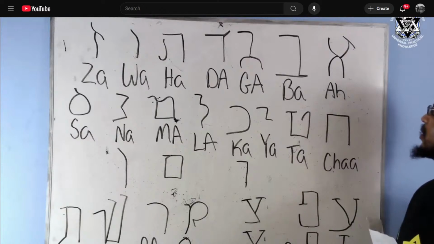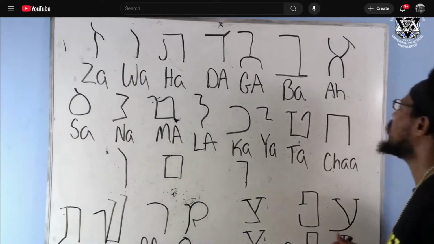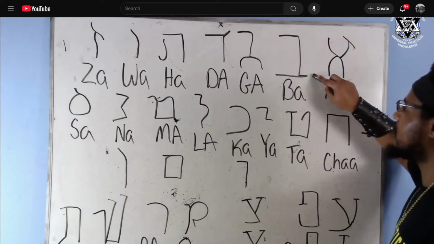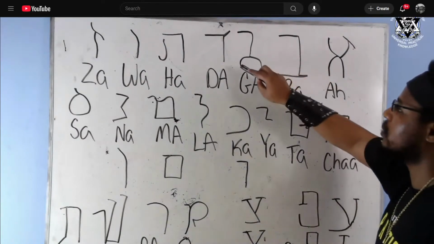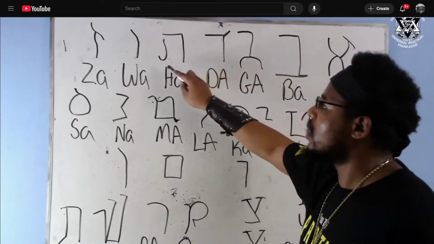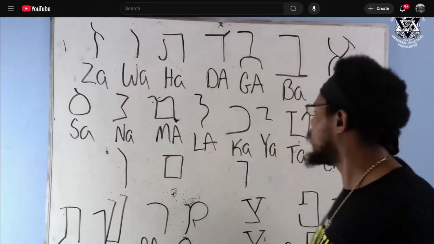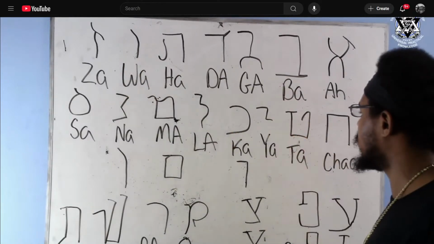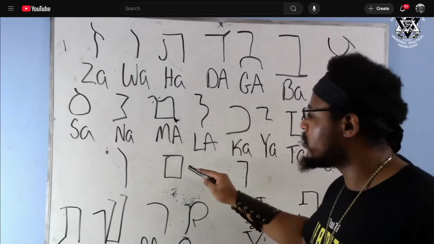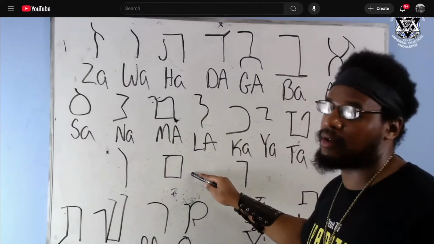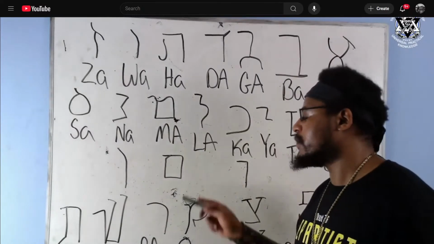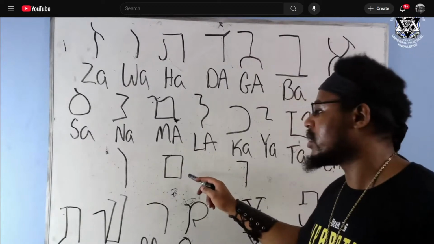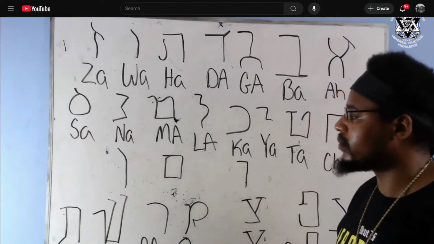So this is the ancient, the Assyrian or modern Hebrew. This is the A character, the Ba character, Ga, Da, Ha, Wa, Za, Cha, Ta, Ya, Ta, La, Ma. We use this character at the end of a word. If the Ma falls at the end of the word, we use this character instead of this one.